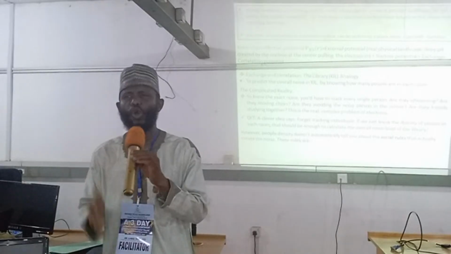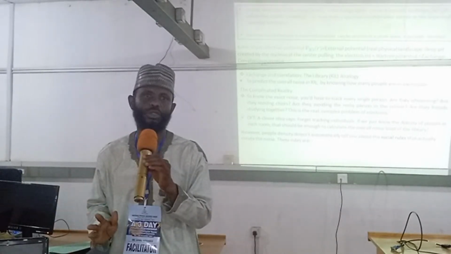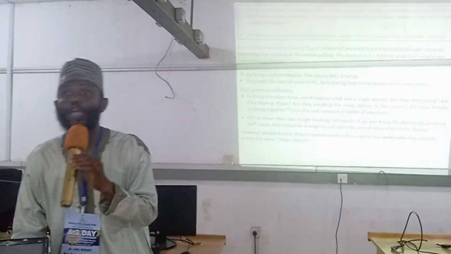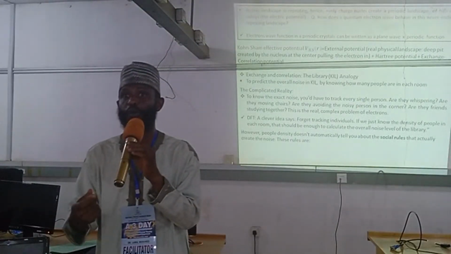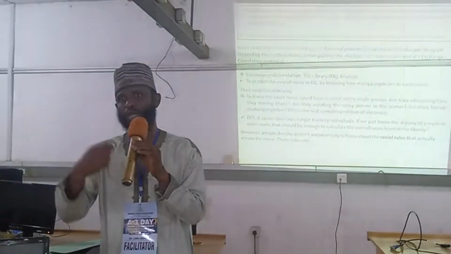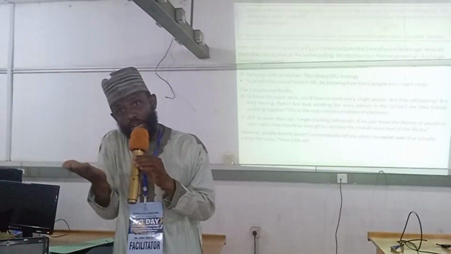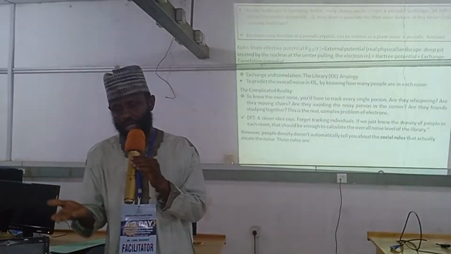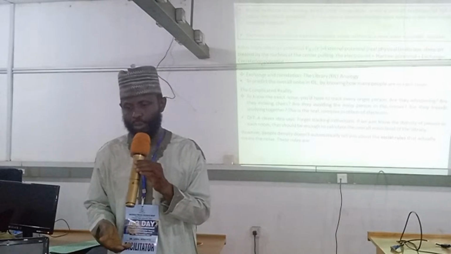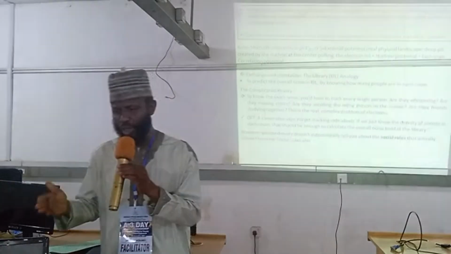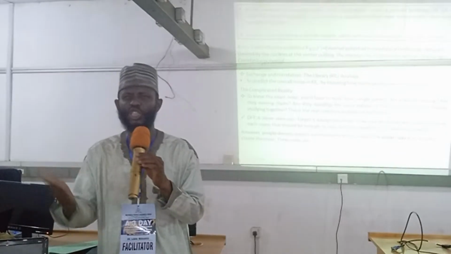This is the real complex problem of electrons. We call it electron social behavior. So if you are asked to do that, you can imagine getting this minute detail. Okay? So DFT is clever to say, okay, a clever idea is to forget about tracking individuals, we just need to know the density of people in each room.